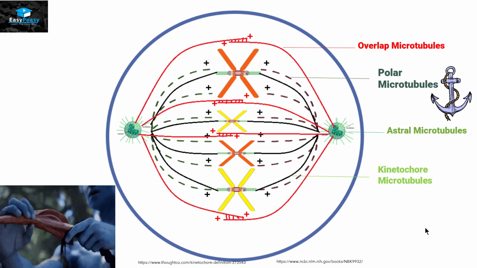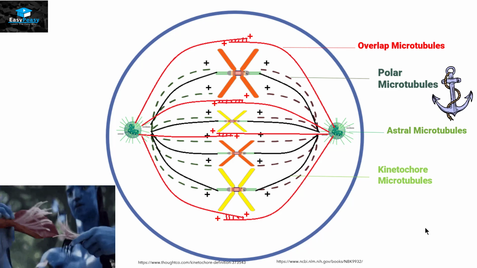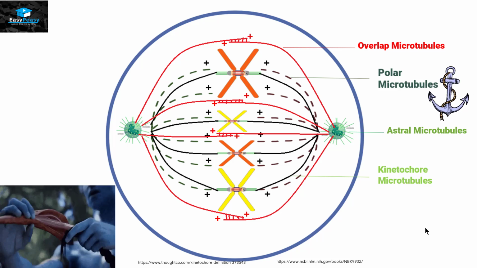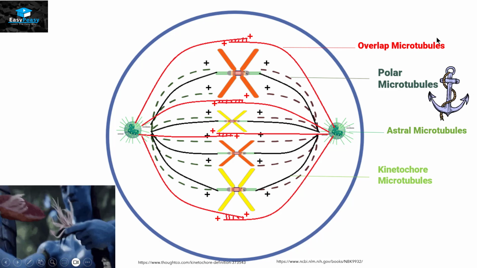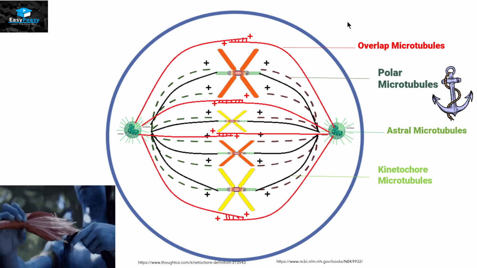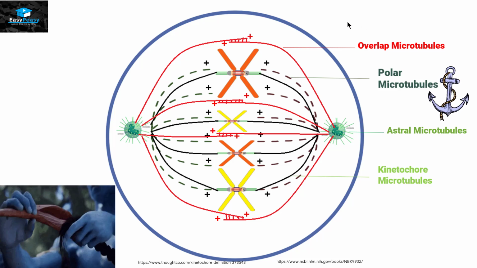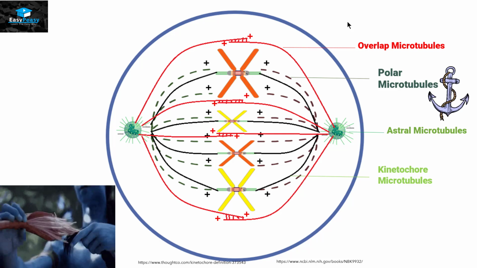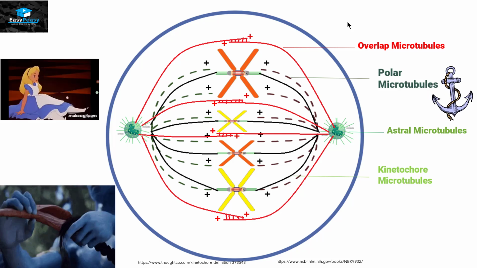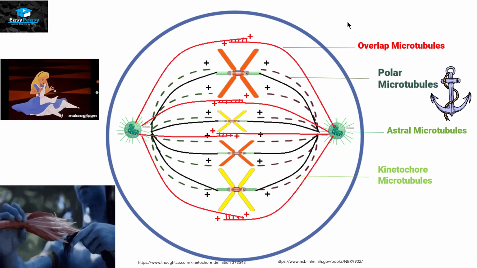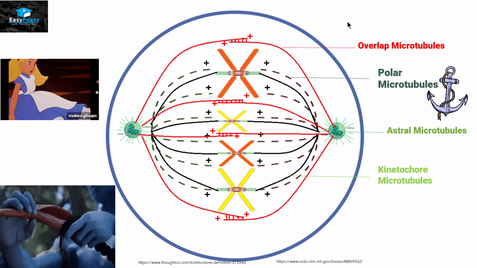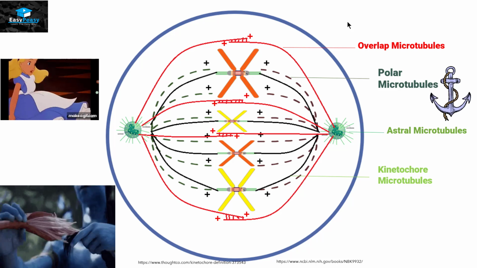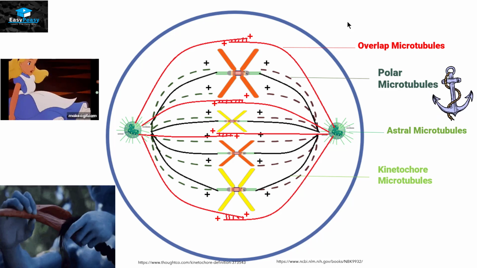Then we will talk about the overlap microtubules and polar microtubules. Overlap microtubules are also called interpolar microtubules. And during the phase of anaphase, these microtubules will elongate, providing the capacity for the cell to divide easily by this process.